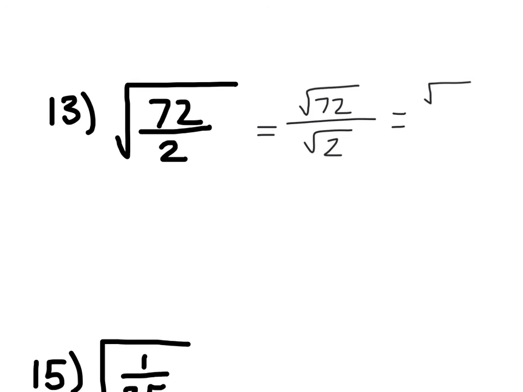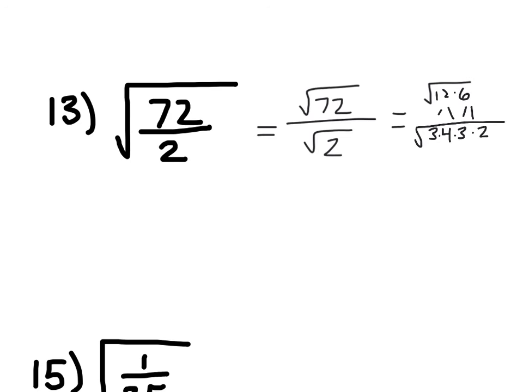What goes into 72? 12 and 6. What goes into 12? 3 and 4. What goes into 6? 3 and 2.